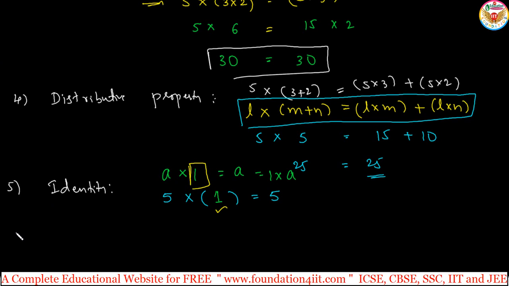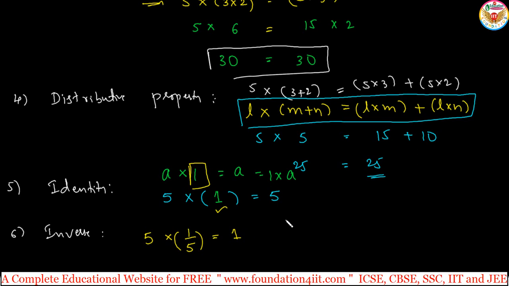And one more is the multiplicative inverse. The multiplicative identity is 1. When it comes to the inverse, let us take 5 as an integer. What should you multiply to get 1? 5 into blank is 1. Obviously this is 1 by 5. 5 into 1 by 5 is 1.